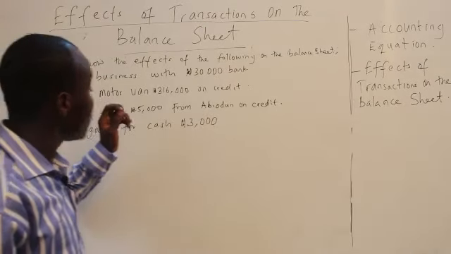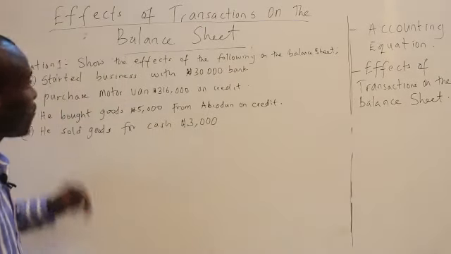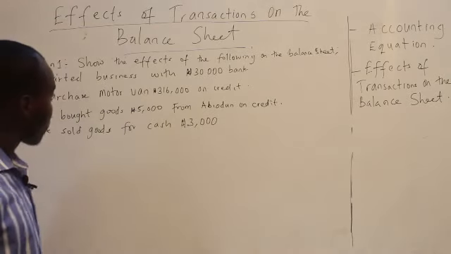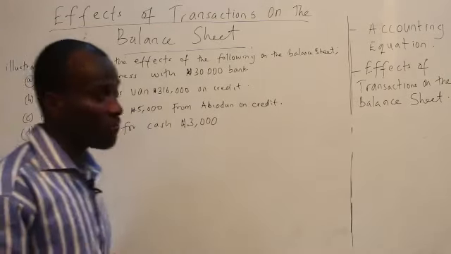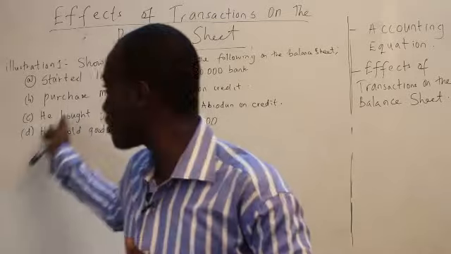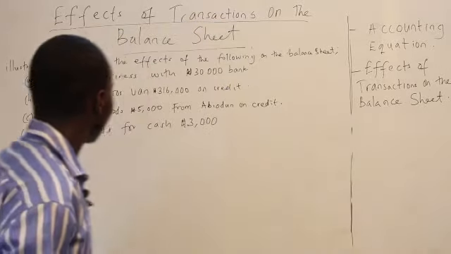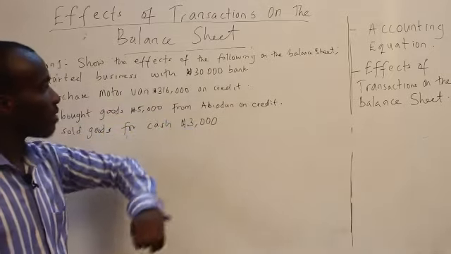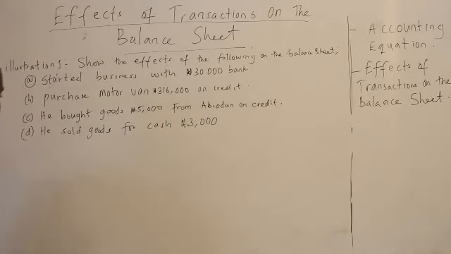There is the illustration on the effect of transaction on the balance sheet. We are asked to show the effect of the following transactions on the balance sheet. Number 1, we have started business with 30,000 naira at bank.